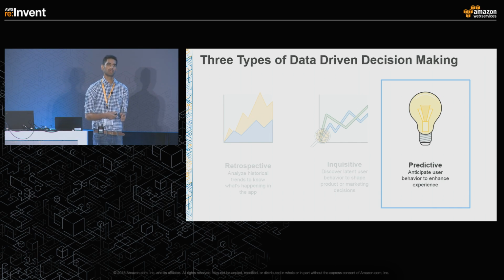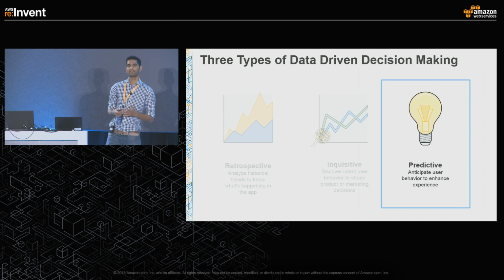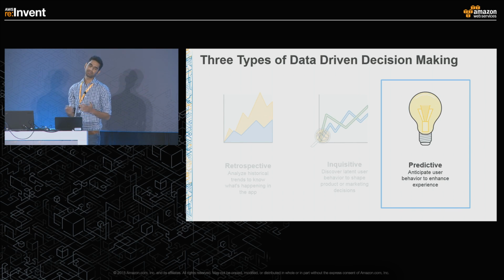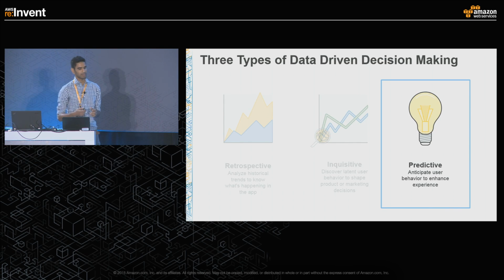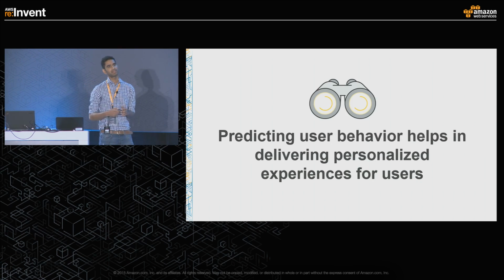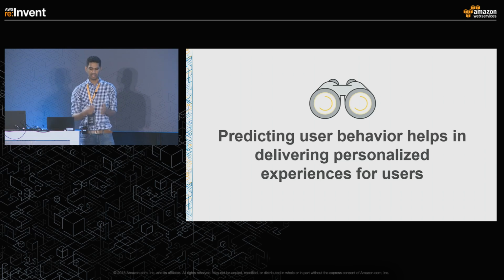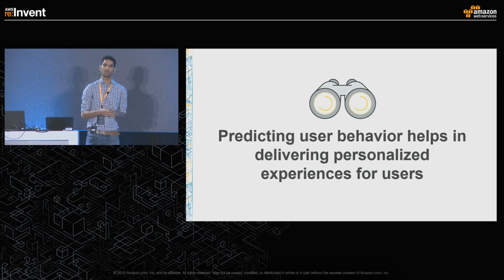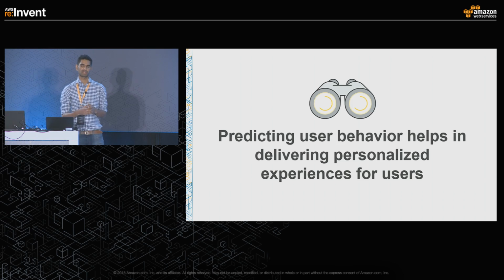Now, let's move on to the last stage, which is my personal favorite, the predictive stage. Analyzing and understanding your user behavior is one side of the story. Now that you know all of this good information about your users, how do you use it to predict what a user is going to do next?